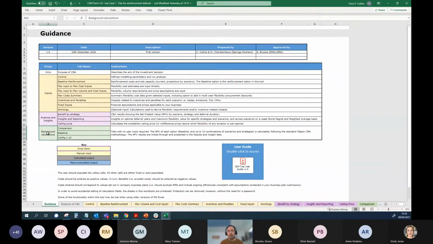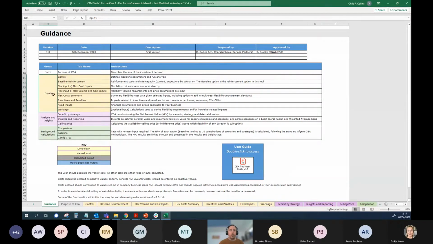So whilst there's lots going on at the front end to help the DNOs populate in a consistent way, the actual mechanics of how the financial calculations are done is perfectly consistent with the ED1 regulatory treatment for the DNOs. And we can have a quick look at what that tab looks like. But if you've seen that template before, you will recognize those tabs, and that's very much deliberate.